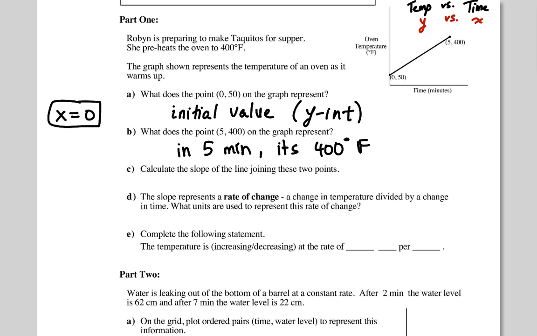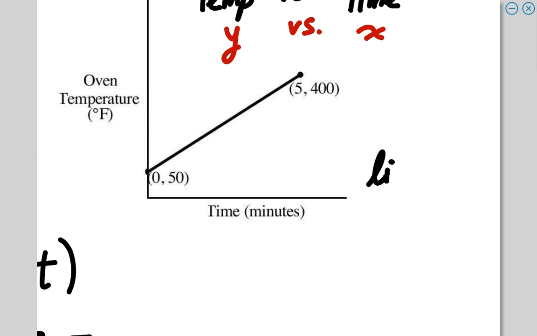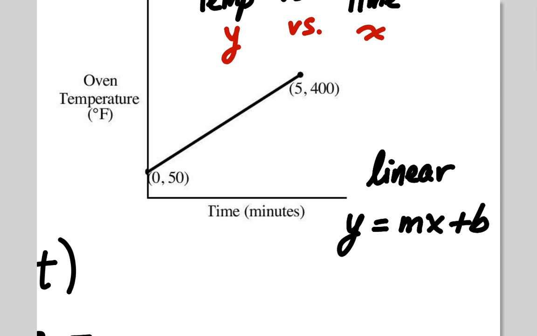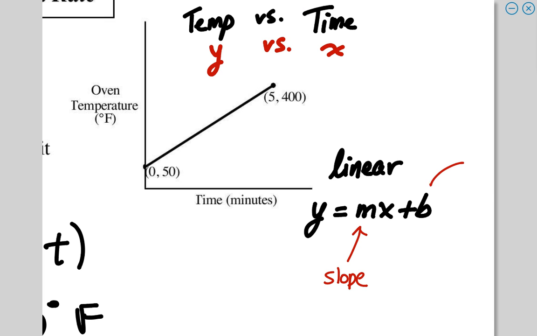Okay. And this relationship up here is linear. And linear relationships follow the formula y equals mx plus b, where m is the slope and b is the y-intercept.